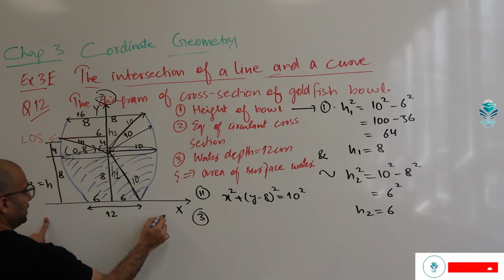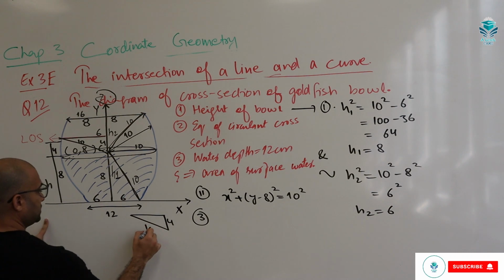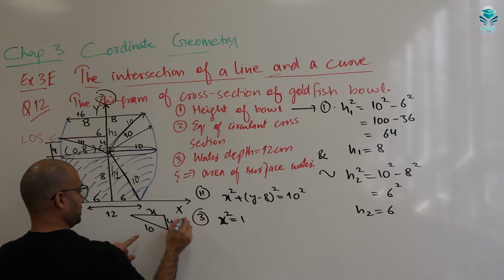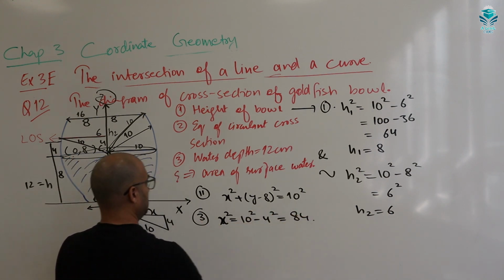If I make this picture clear, you can see from here, this is 4, this is 10, and let's call this x. So x squared equals 10 squared minus 4 squared, which is 84.